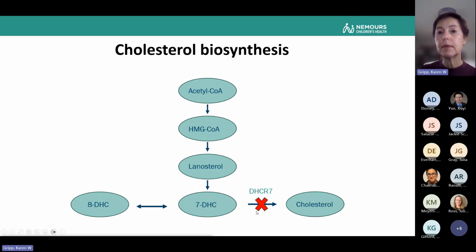Here's the enzyme that is deficient in Smith-Lemli-Opitz syndrome, and you can produce cholesterol using this pathway. I want to draw your attention here to aldosterone. We're going to circle back to that later. In Smith-Lemli-Opitz syndrome, what you see is low cholesterol level in blood and elevated 7- and 8-dehydrocholesterol levels. Those are hallmarks of Smith-Lemli-Opitz syndrome.